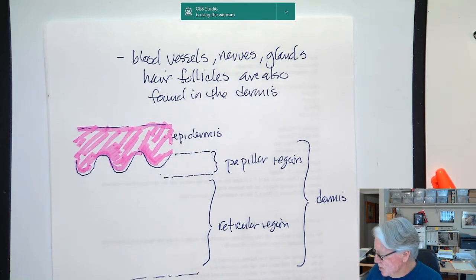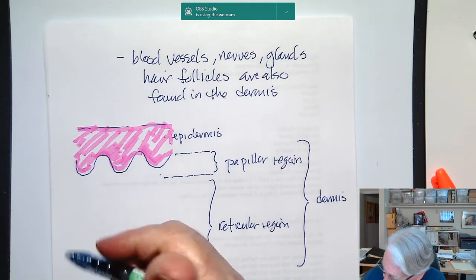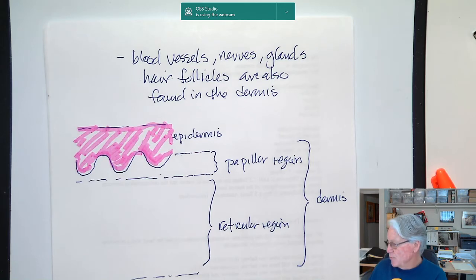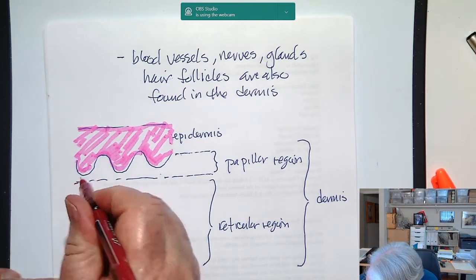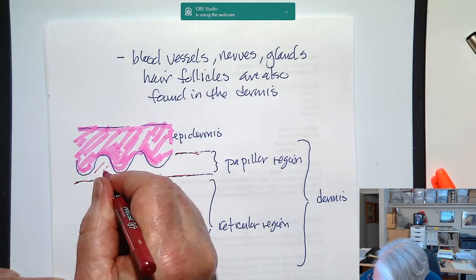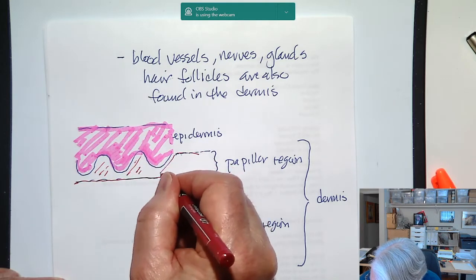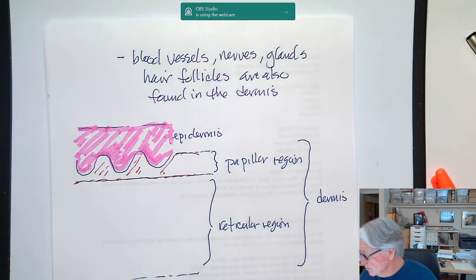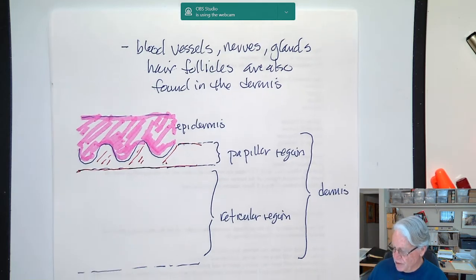So basically, if we were to extend the line somewhere in that region, this region here is going to be our papillary region, and the rest of it, most of it, is the reticular region.